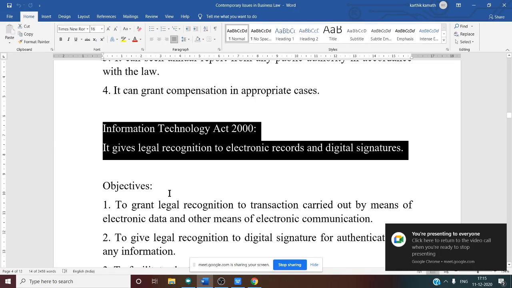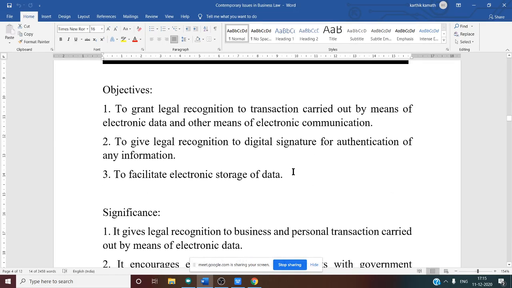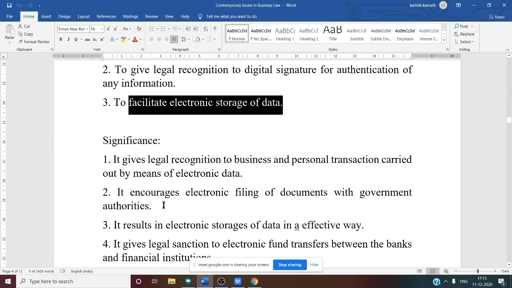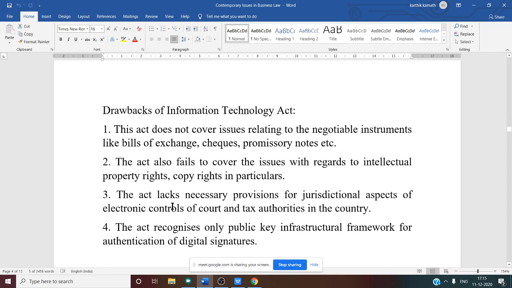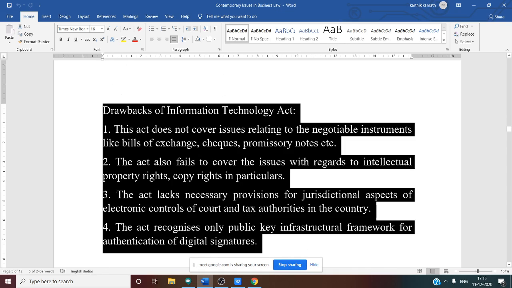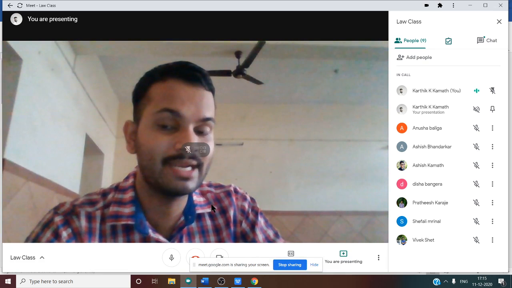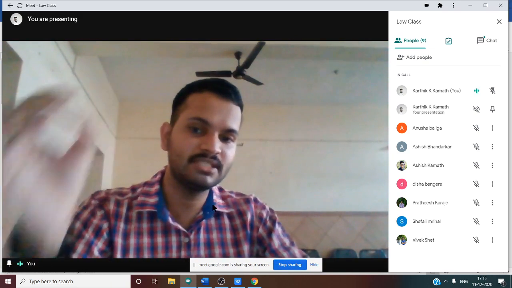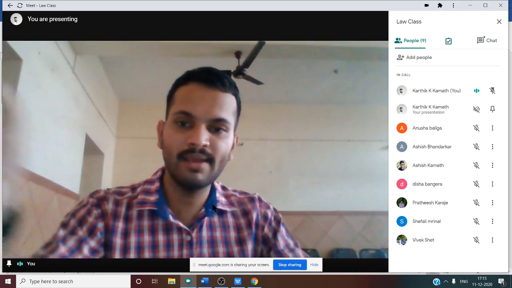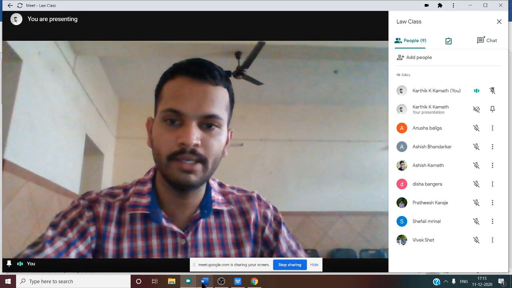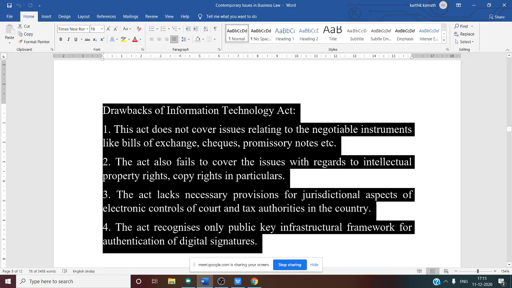That is why the Information Technology Act was formed in 2000. It also promotes electronic storage of data. Then we discussed its significance and drawbacks. A major drawback of the IT Act is that it doesn't cover intellectual property rights. Anything which involves human effort is not covered under the IT Act 2000.